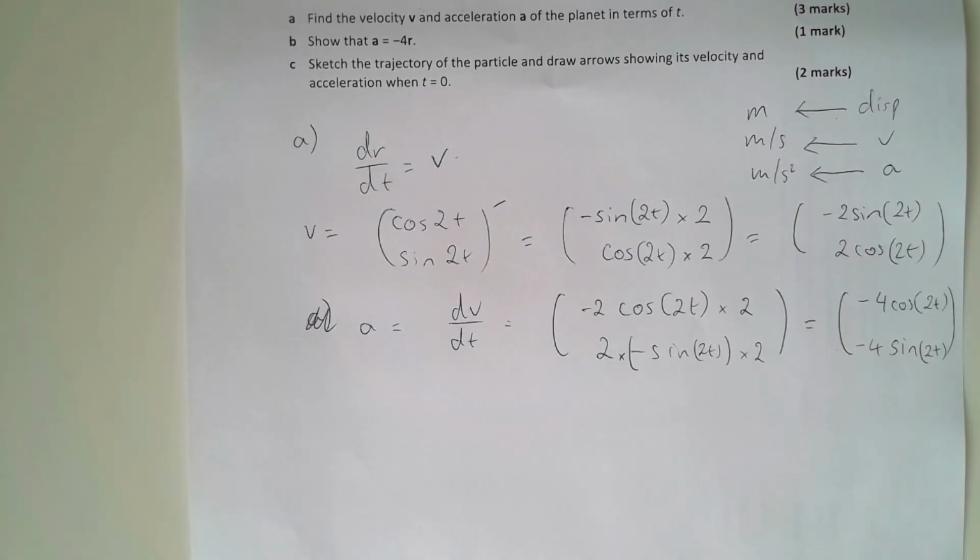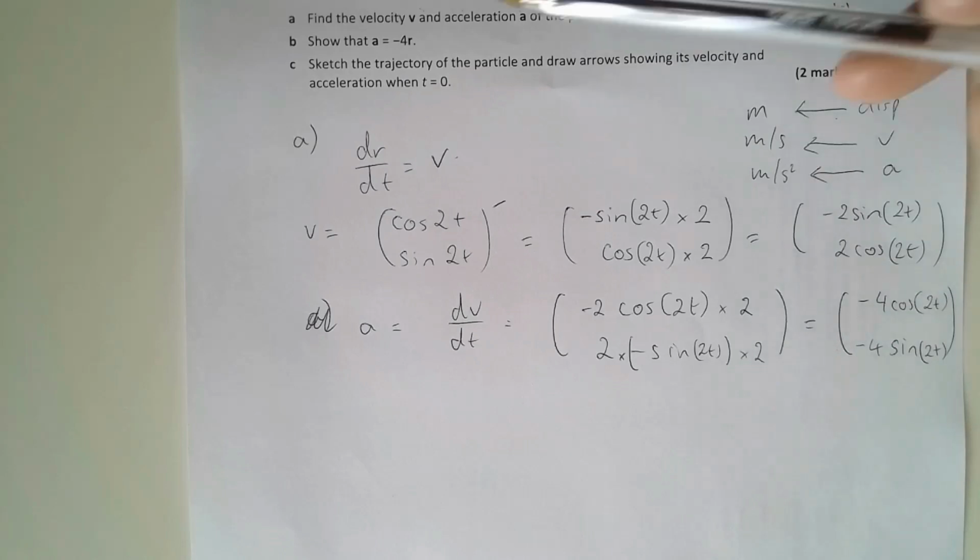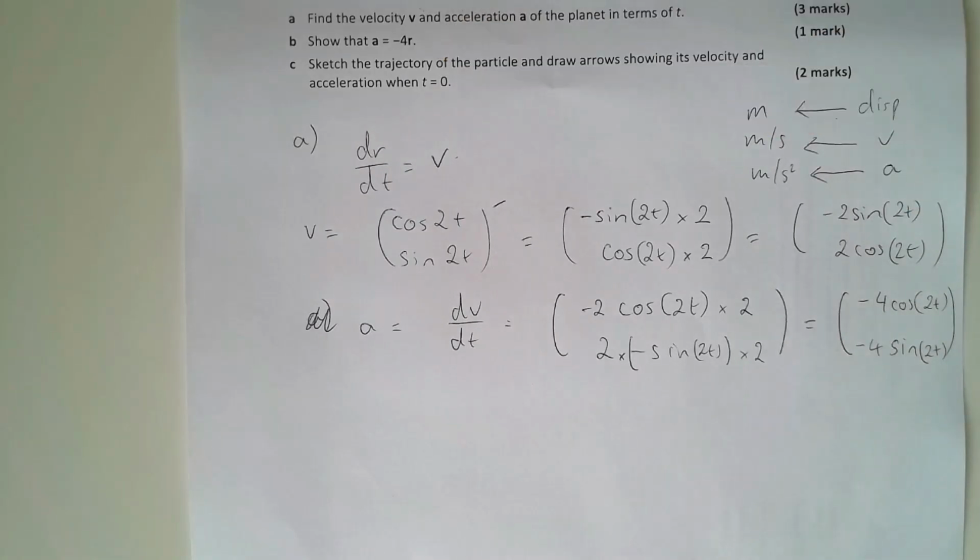Okay, that's done. That's a in terms of t. They're saying show that a equals minus 4r. Well, you want to check the formula of a, and then compare it with the formula of r, isn't it? So let's look at r, what r equals to.